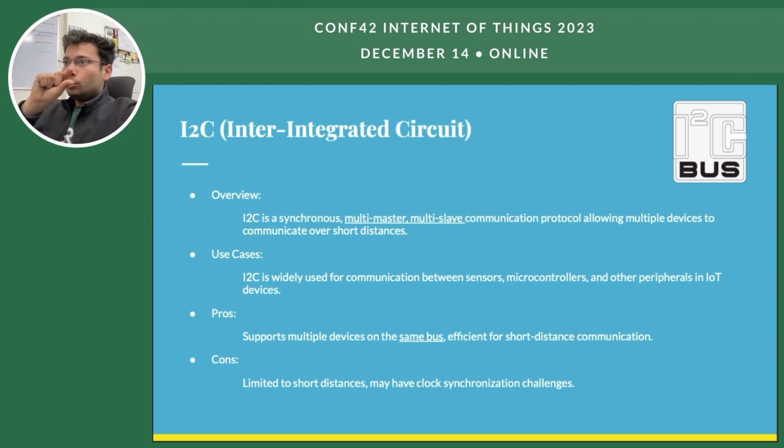We just need two wires, and on those two wires we can connect hundreds or thousands of different devices, sensors or actuators, and each sensor or actuator will have a particular address. Of those two lines which we have, one is for the address and the other is to transfer the data.